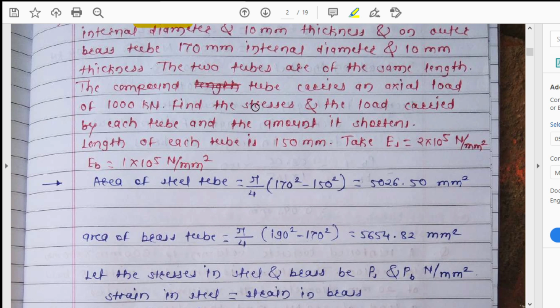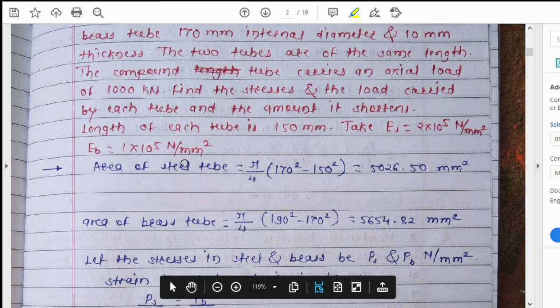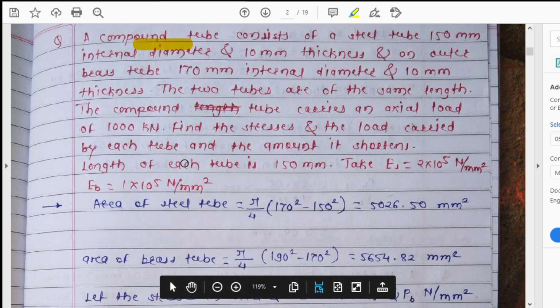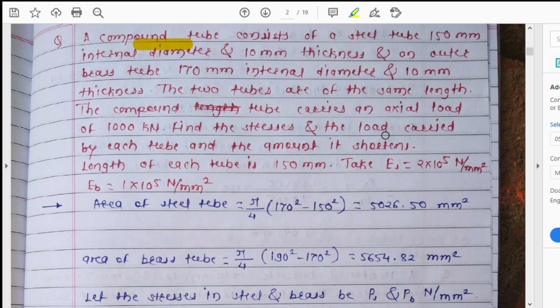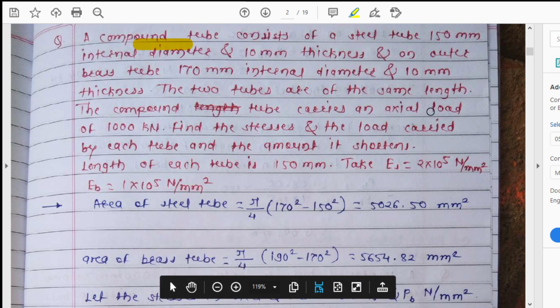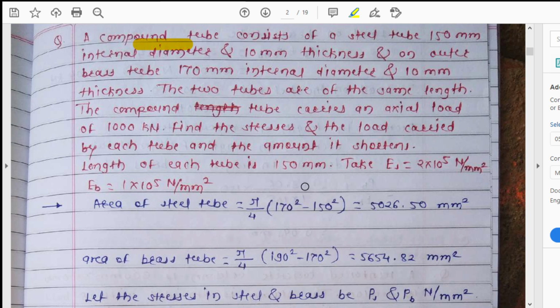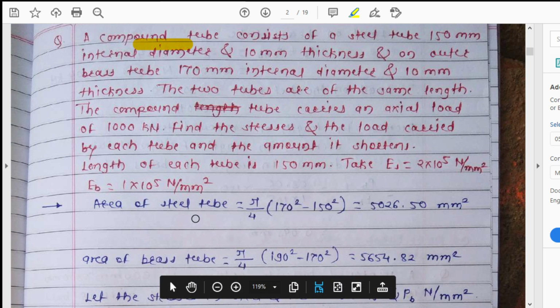Okay, now we'll calculate the area of the steel tube. For the steel tube, we have to take the diameters. The area will be pi by 4 into 170 square minus 150 square. Whatever lies in between will be the steel tube.